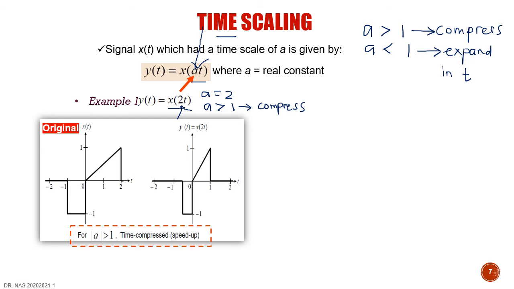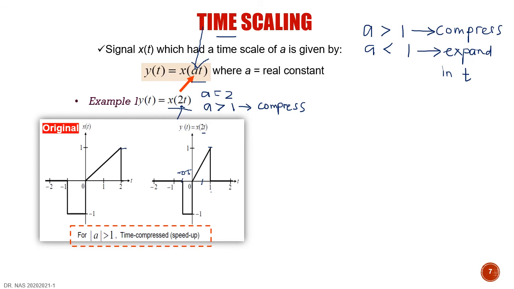So the signal is being compressed by how much? By 2. So you need to divide all t by 2. So 2 becomes 1, 1 becomes 0.5, and minus 1 divided by 2 becomes minus 0.5, but there are no changes on the amplitude.